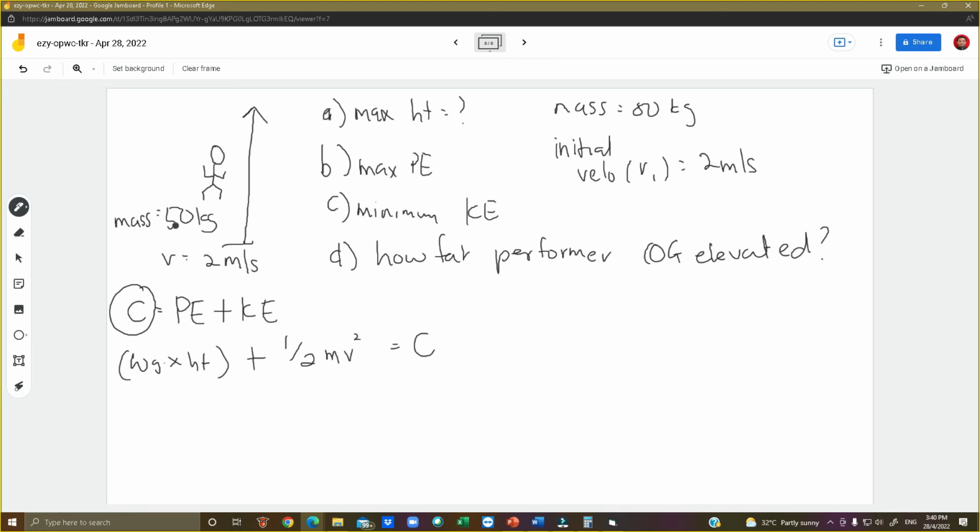Kita ada M. PE kita tak ada. So kita selesaikanlah dekat bahagian mula-mula ni dia lompat. Janganlah cek dekat atas. Kita cek dekat mula-mula dia lompat. Because dekat mula-mula dia lompat, PE equals to 0. There is no height. Plus half M, mass dia 50, V dia 2 square, C. Dapatlah C dia berapa?